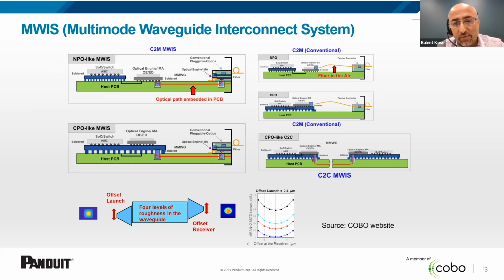Related with that, I just wanted to mention this. I don't want to go into detail, but this is a project going on in OBO, Multimode Waveguide Interconnect System, MWIS. Here, basically, we're trying to replace the copper wires with optical waveguide, multimode waveguide, and to address, again, some of these problems.